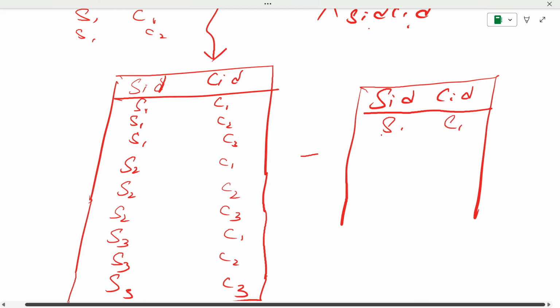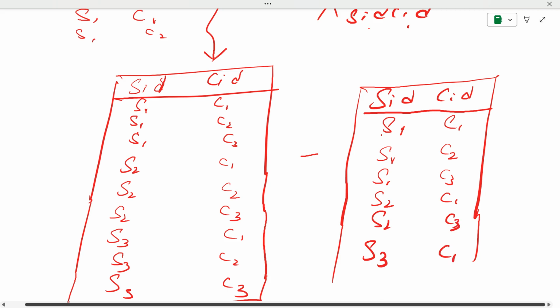So S1 C1, coming from enroll, let's say S1 C2, S1 C3, then S2 C1, S2 C2, and then S3 C1. We will be subtracting these tuples from here.